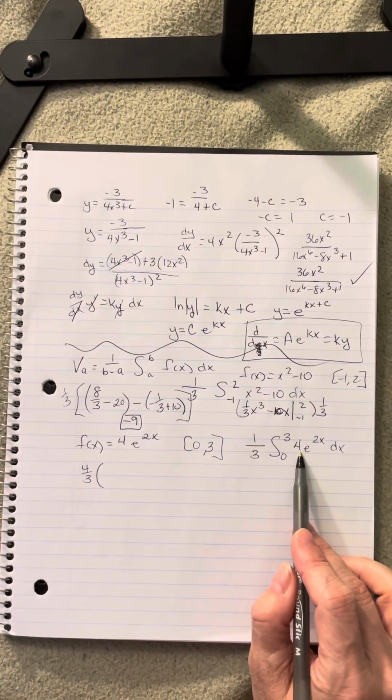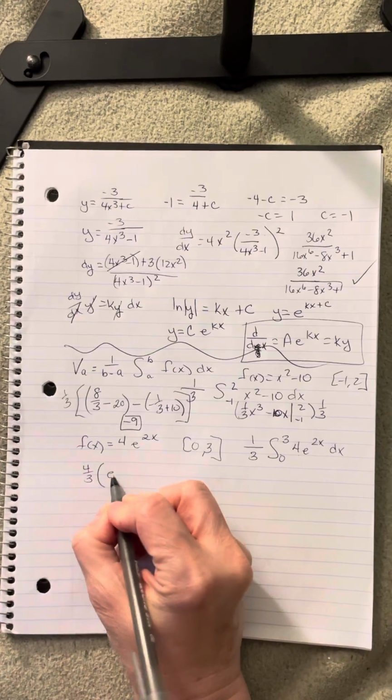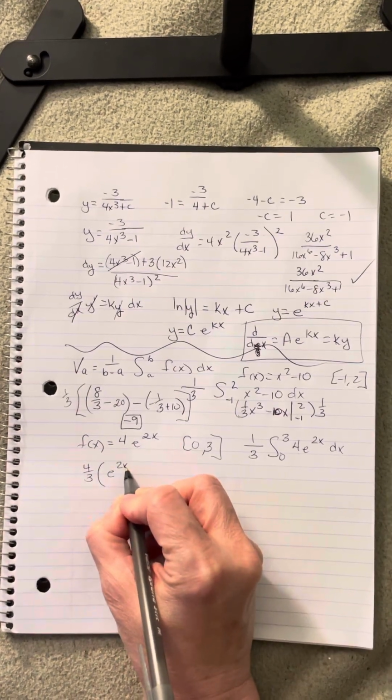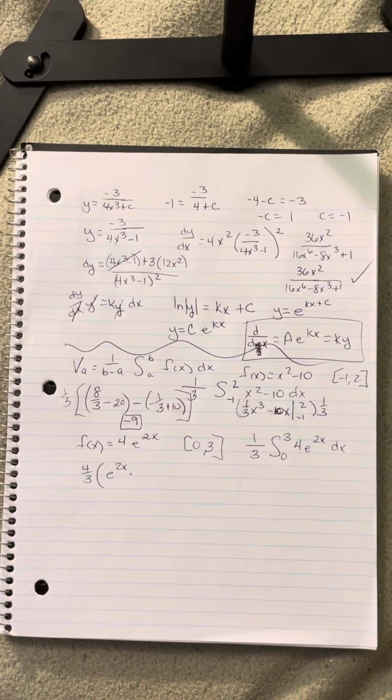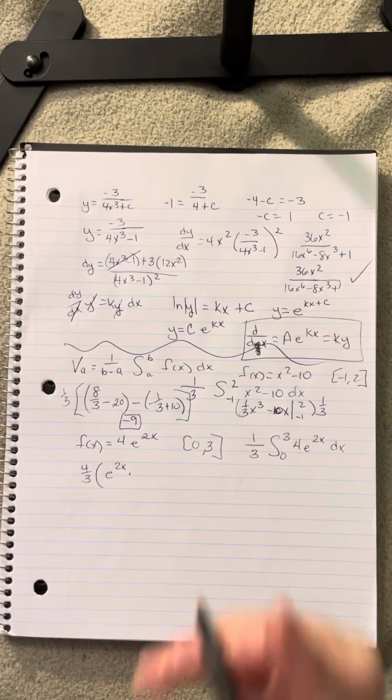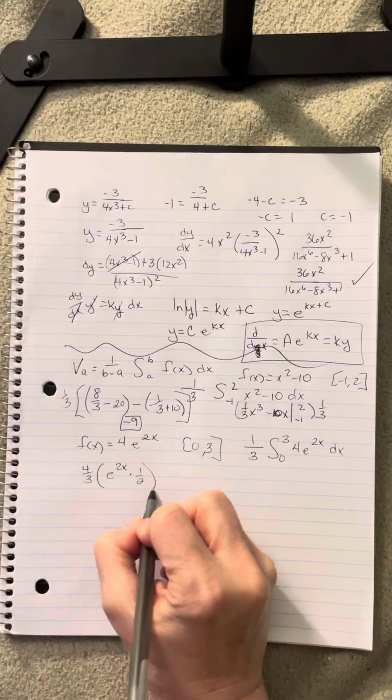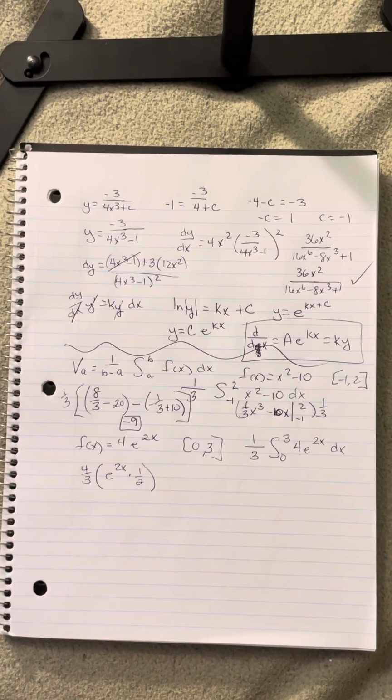And then that's e to the 2x, and then it would be 2, so we make it 1/2.